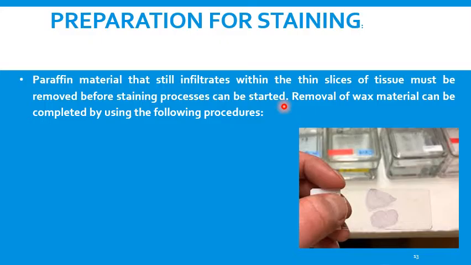Because the nature of the dyes is water, whereas the nature of this slide is wax containing a piece of sample. Therefore, removal of the wax can be completed by using the following procedures.